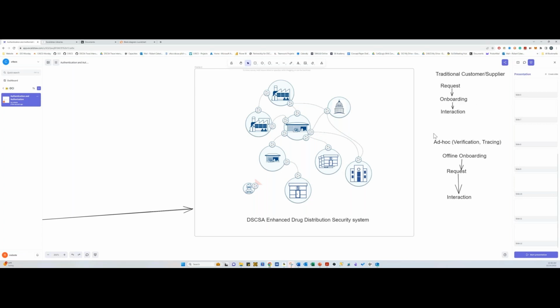Whereas here, what we're trying to do is offline onboarding, working with an issuer, so you get all of that out of the way for each other, and then you can interact with anyone in this environment, make a request. They can cryptographically verify you and your authorization, and then the interaction can take place. So just as I like to draw when people are talking, it's a difference in the situation that we're in with verification and tracing, and why we're where we are here, using credentials to authenticate and authorize.